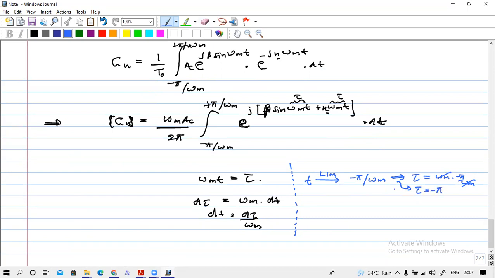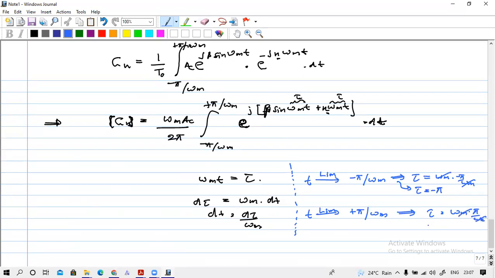In the same manner, when t is the upper limit, t is tending to +5 by omega m. What happened to tau? Tau is equal to omega m times +5 by omega m.